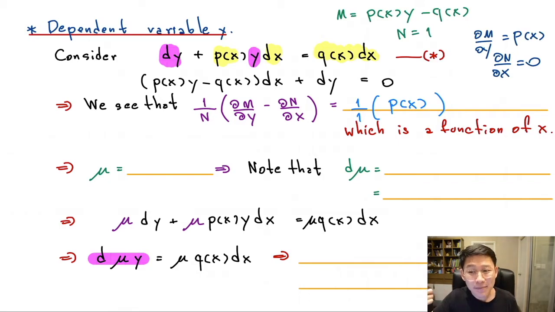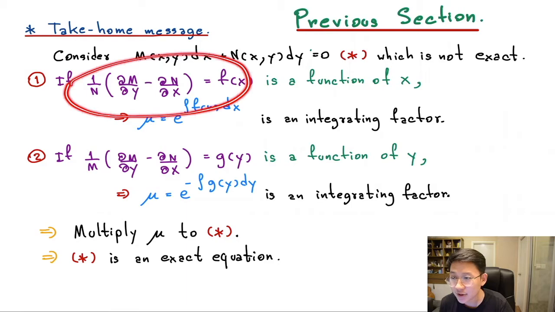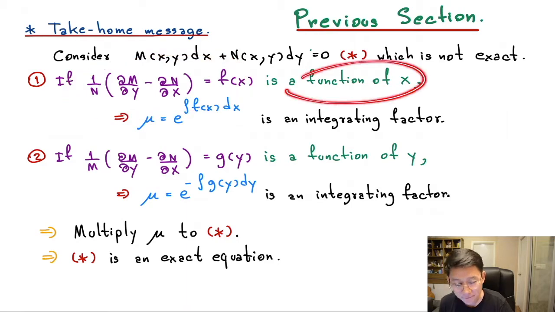If you remember the take-home message from the previous section: if this is a function of x, we have mu defined by e to the integral of f(x) dx as an integrating factor.